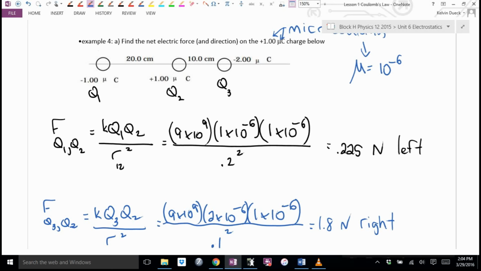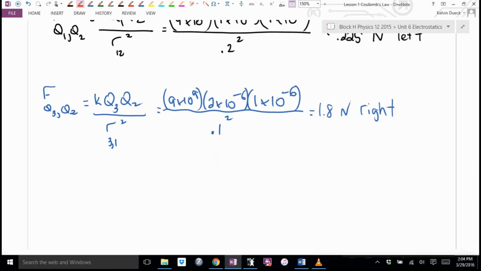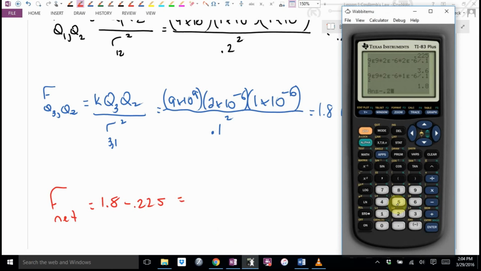I'll subtract them. What will my net direction be? Who's winning? Right. Okay? So, final answer. The net force is going to be 1.8 take away 0.225. Do you get 1.58?